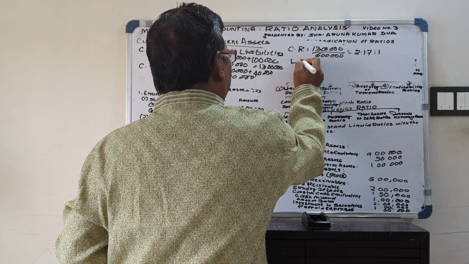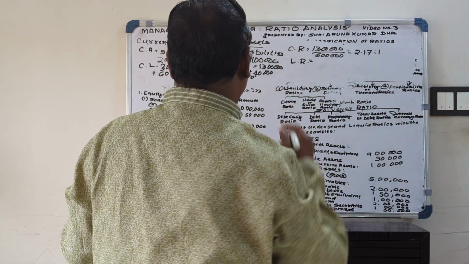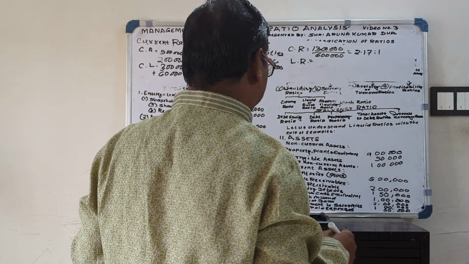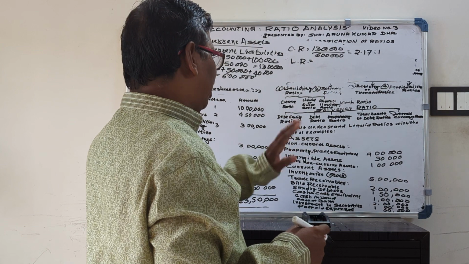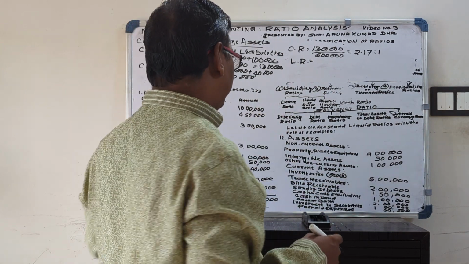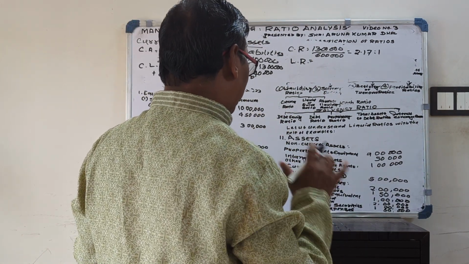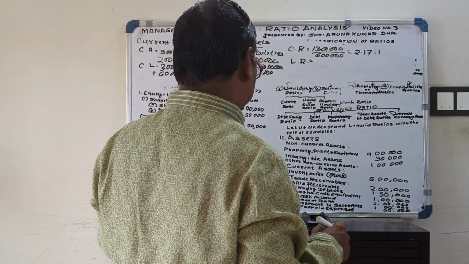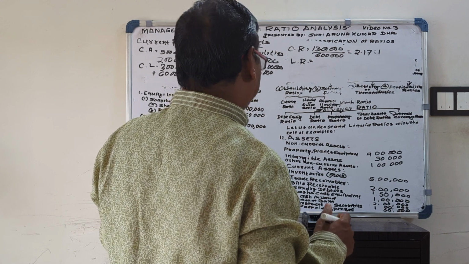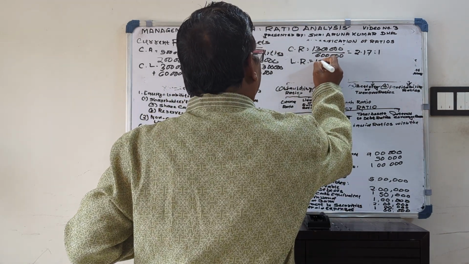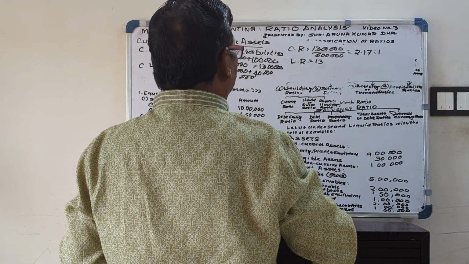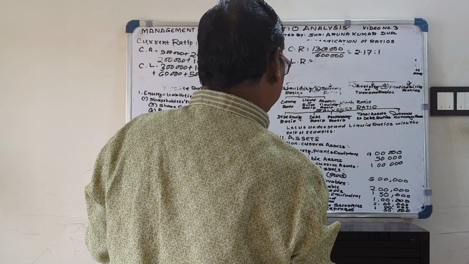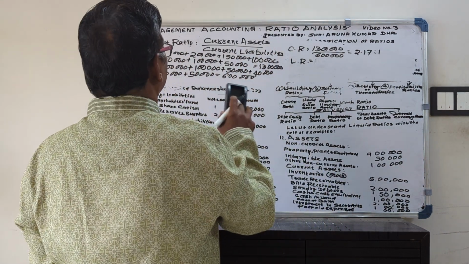Another ratio is the liquid ratio or quick ratio. Under this ratio, we will not take into consideration the inventory and prepaid expenses because they take a longer period of time to convert into cash. Without loss of value, we cannot immediately sell those things. So 5,50,000, that is inventory 5 lakhs and prepaid expenses 50,000, will be deducted from 13 lakh.